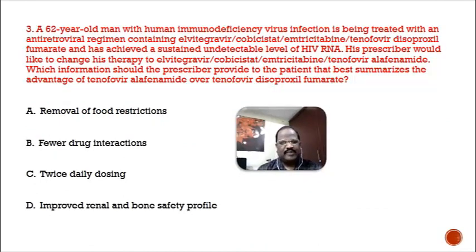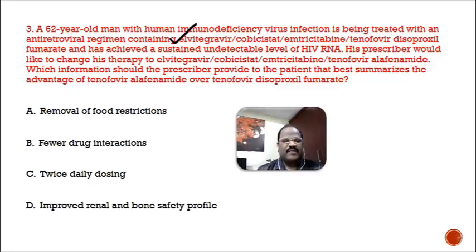Coming to question number 3. A 62-year-old man with a human immunodeficiency virus infection is being treated with an antiretroviral regimen containing elvitegravir, cobicistat, emtricitabine, tenofovir disoproxil fumarate, and has achieved a sustained undetectable level of HIV RNA.